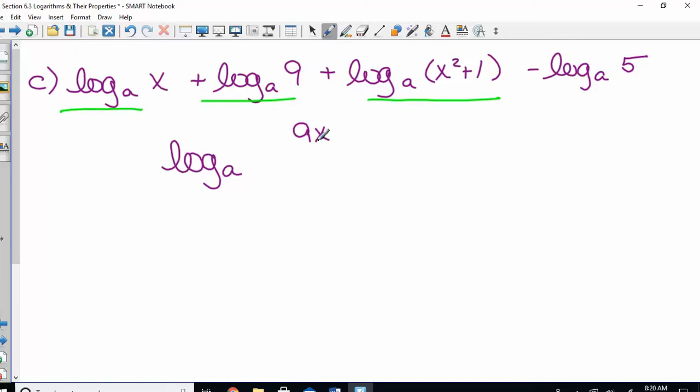If I put the 9 in front, doesn't matter. Times the x squared plus 1. Minus, so divided by the 5. Make sure your log is out in front. It's not like log of the top and the whole thing divided by 5. The log's out in front, and this is what you're doing the log of.